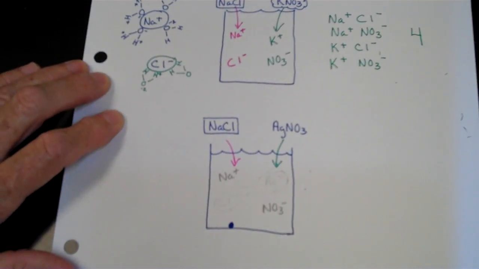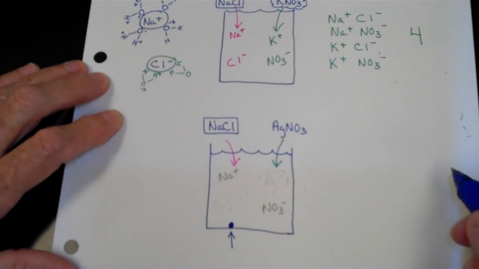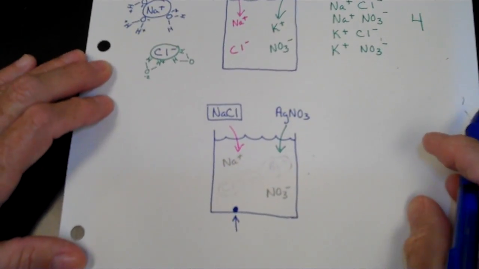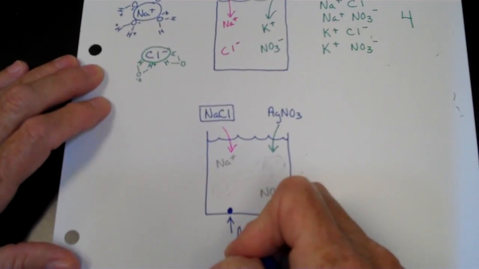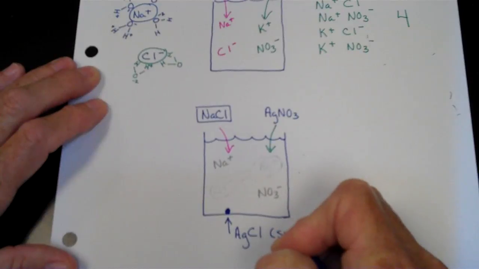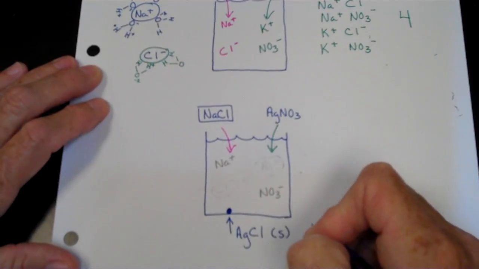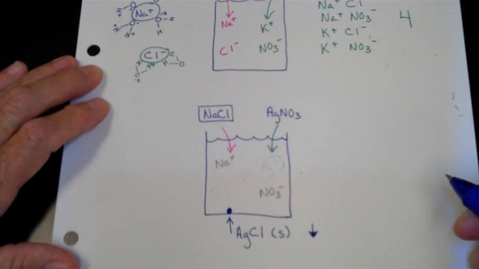Instead, what we will have is a silver chloride precipitate on the bottom of the beaker. Sometimes we would indicate this with an S for the solid phase. In my class, I use a down arrow indicating a precipitate.